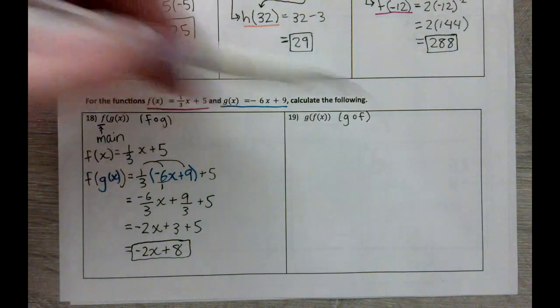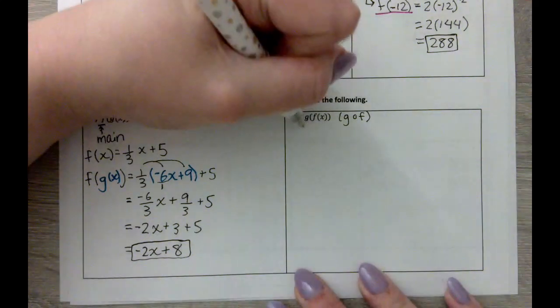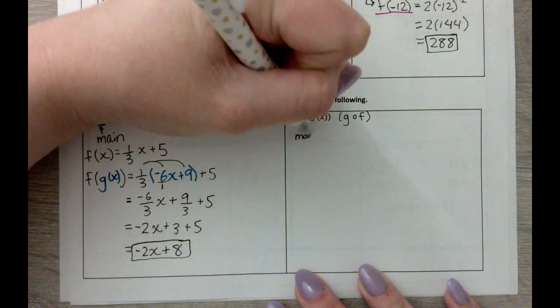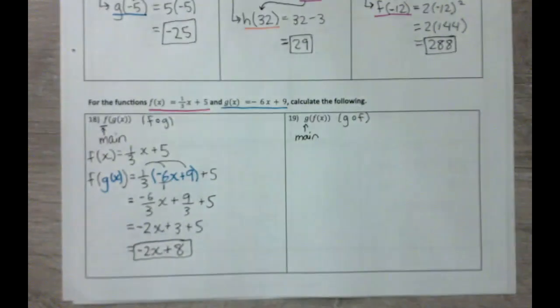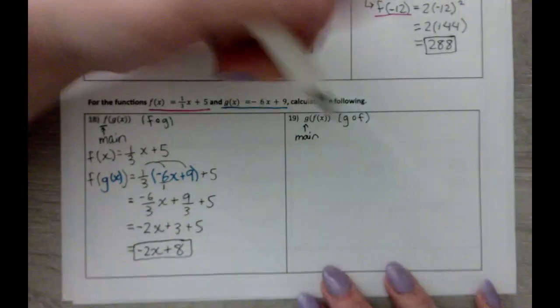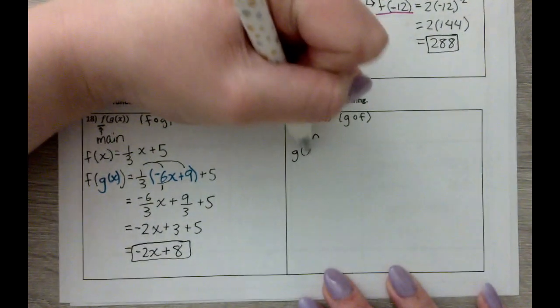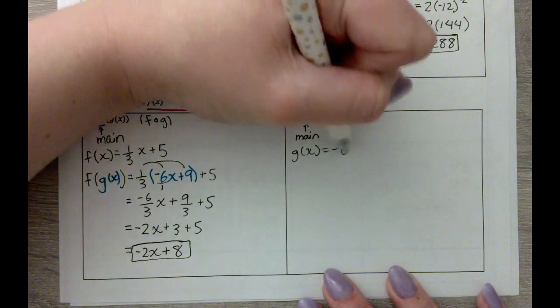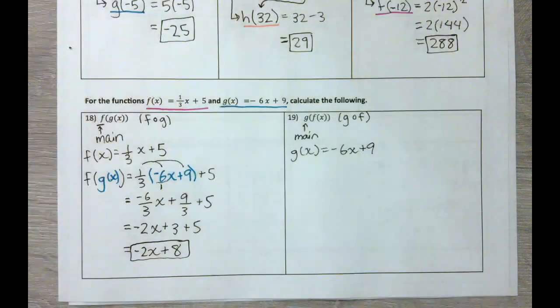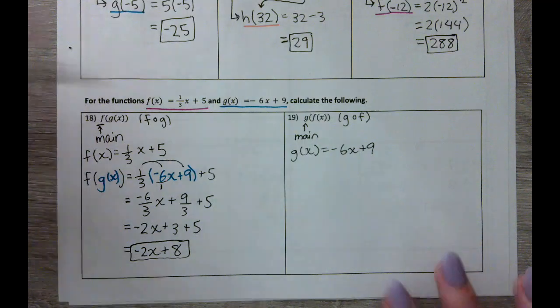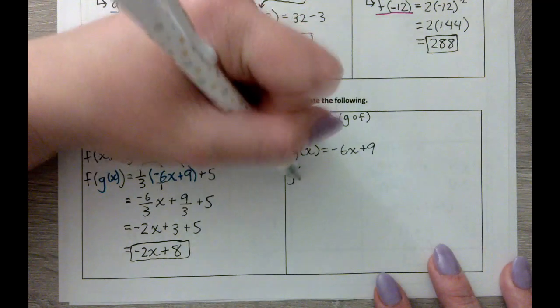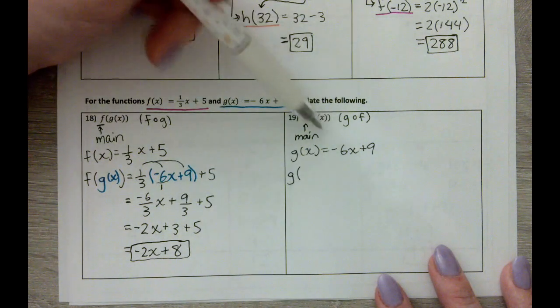Now let's do the opposite direction. Start with g and plug in f. So again, g is on the outside. It's the starting function, so it's the main function. So first I'll just write down g of x, which is -6x plus 9. And then remember what I'm doing next, I'm plugging all of f into g.